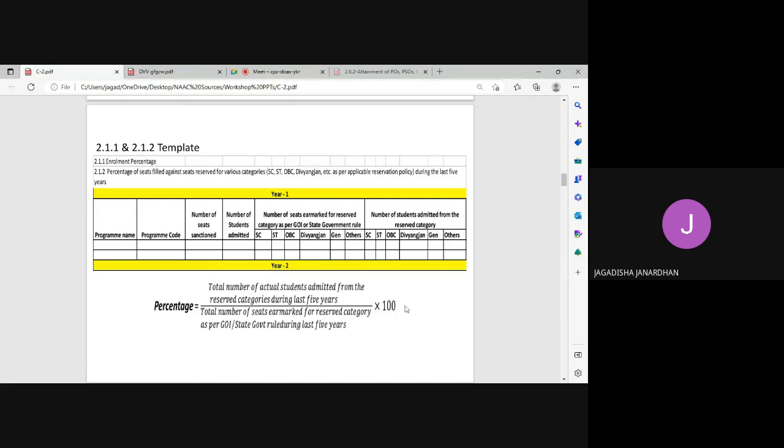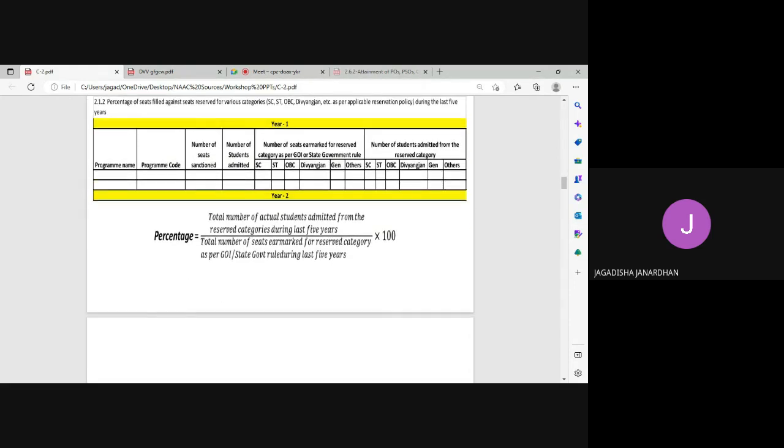You will get some percentage, which need not be calculated by the institution. Automatically, it will be mentioned in the SSR. So on the basis of the benchmark, you are going to get the marks. So this is about key indicator 1.